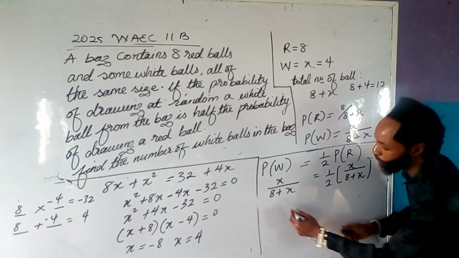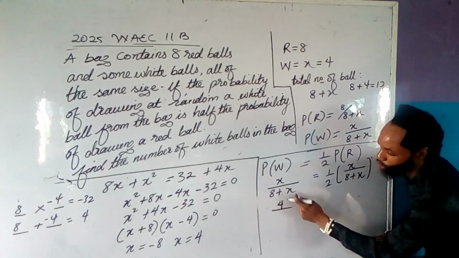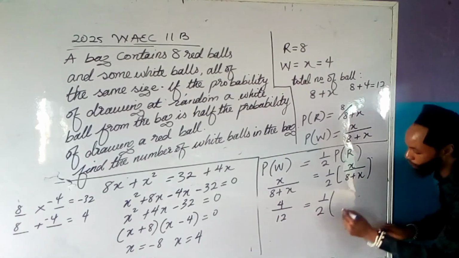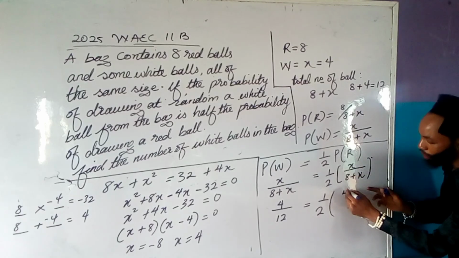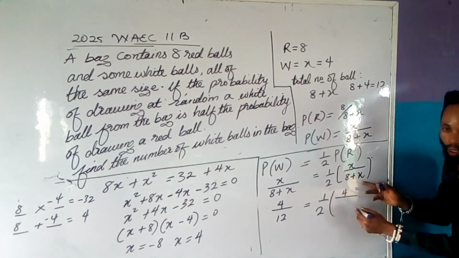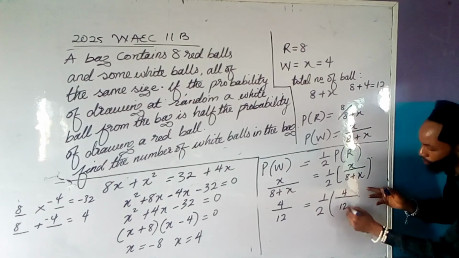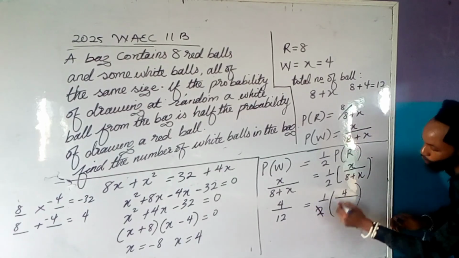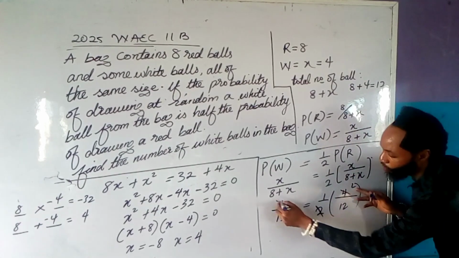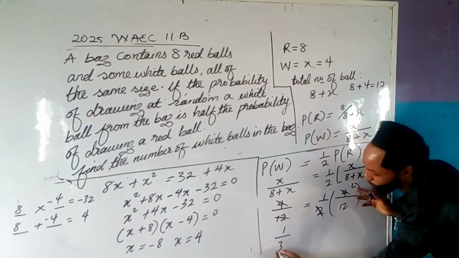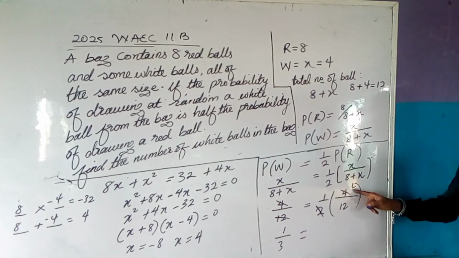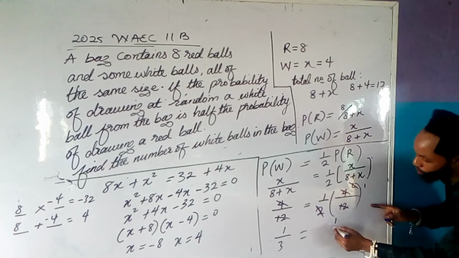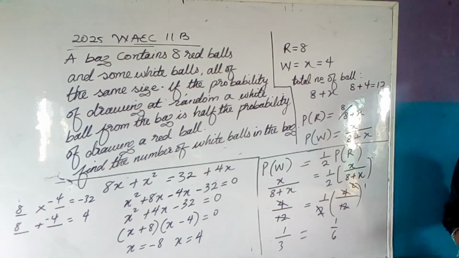Where X is 4, 8 plus 4 is 12, so we have 4 over 12 equal to 1 over 2 of X over 12. Now let's do this math.